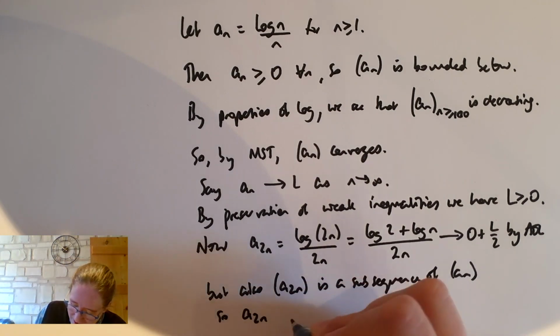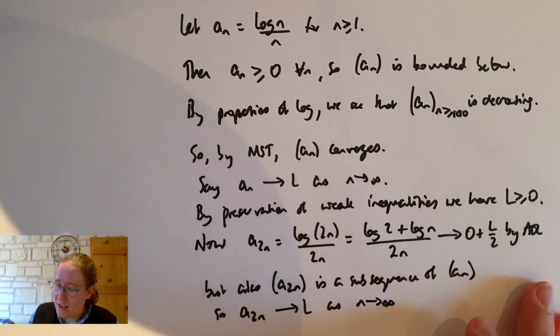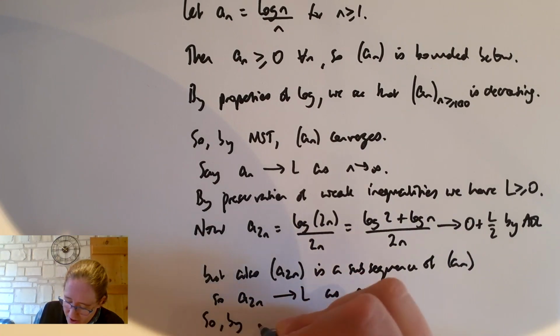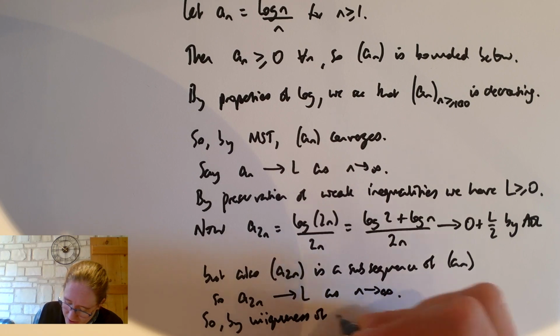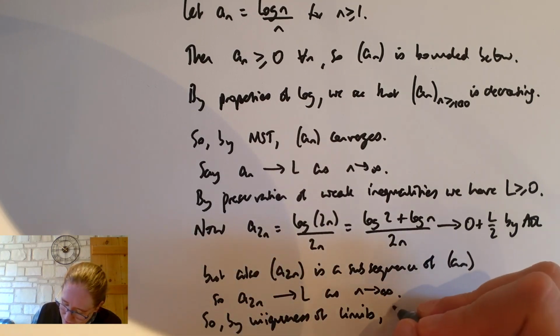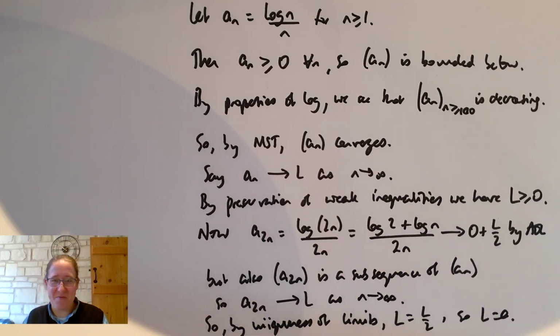So a_{2n} tends to L as n tends to infinity. And so, by uniqueness of limits, we're going to have that these limits must be the same. So L is L over 2, and so L is 0. And that's what we wanted.